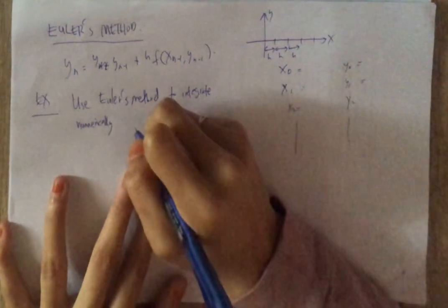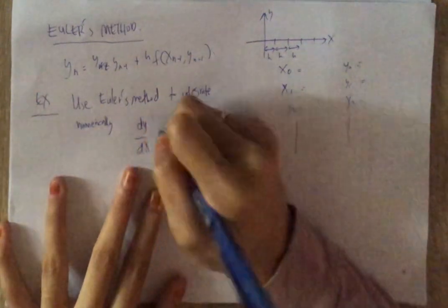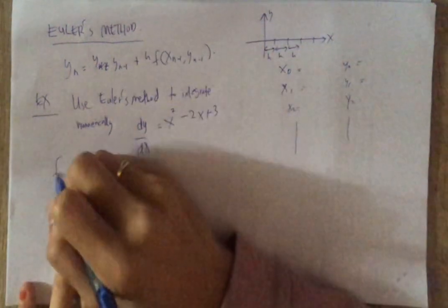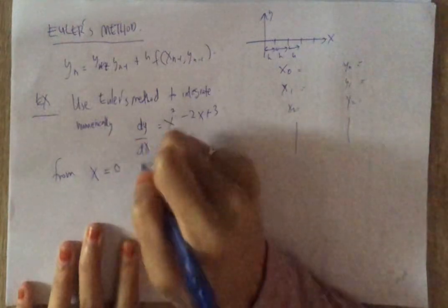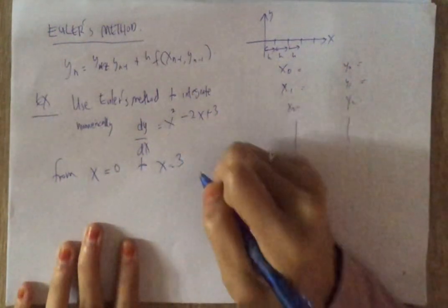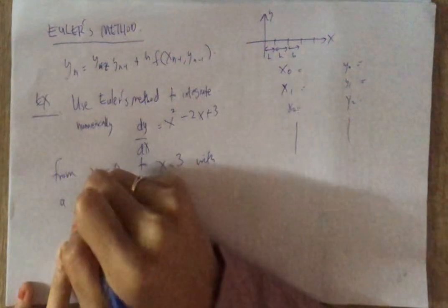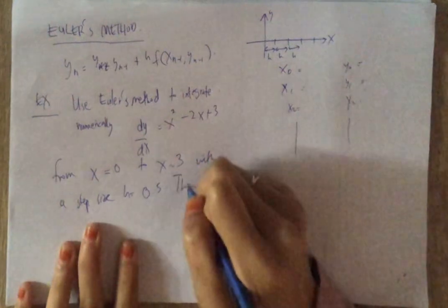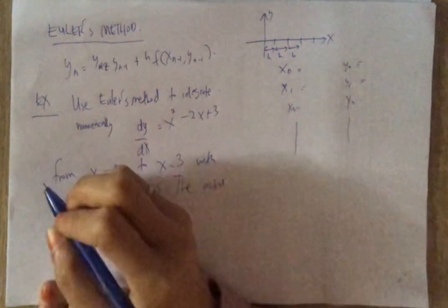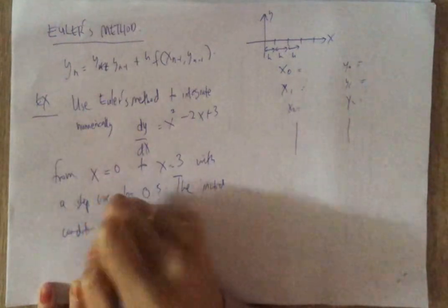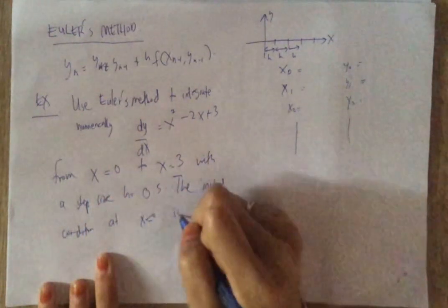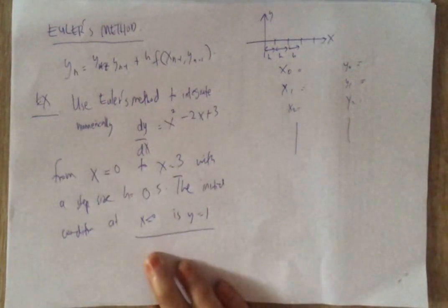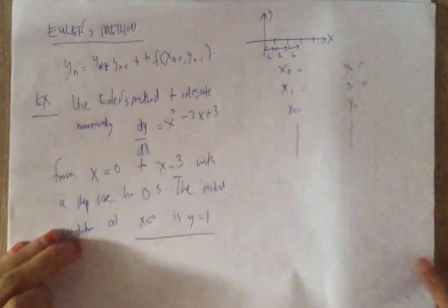Integrate numerically dy/dx equals x squared minus 2x plus 3, from x equals 0 to x equals 3, with a step size h equals 0.5, and the initial condition at x equals 0 is y equals 1. This is important, the initial condition is important for you to start your work. So this is the question.